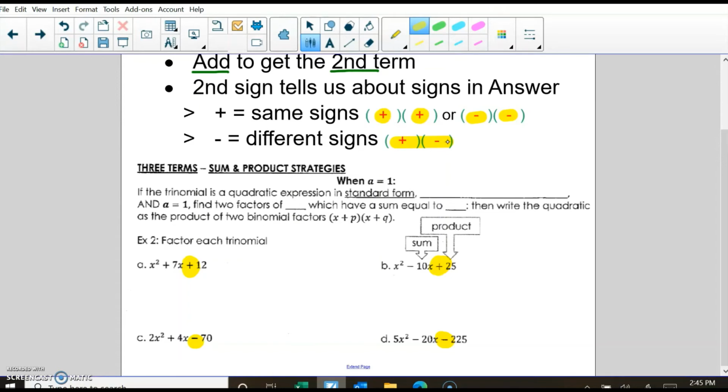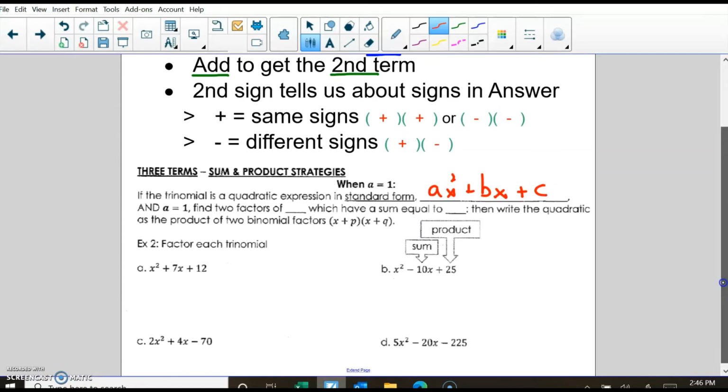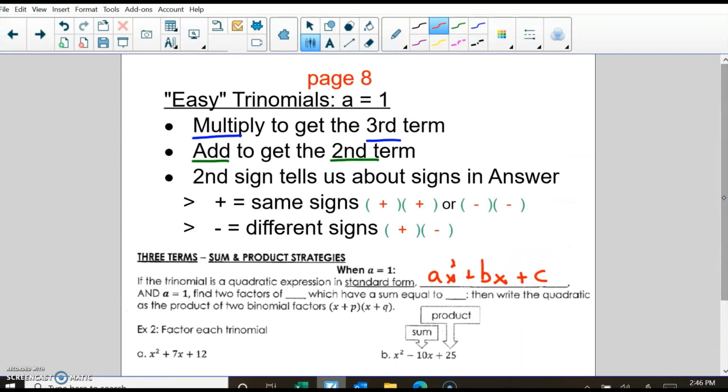So, let's get into doing some factors. Again, 100% review from Algebra 1. Might have been a little bit since you've seen it, but you should still know what to do. A trinomial is a quadratic expression in the standard form ax squared plus bx plus c, and a equals 1. These are what we call the easy trinomials. Up at the top you saw the word easy right here.